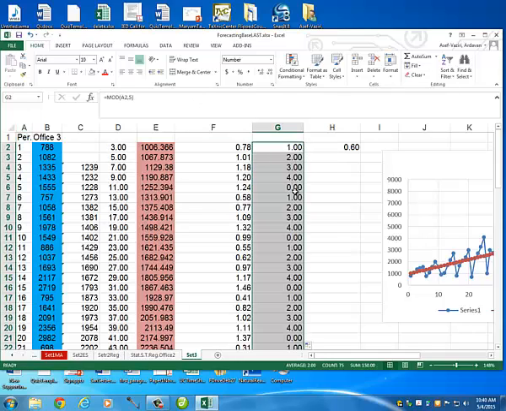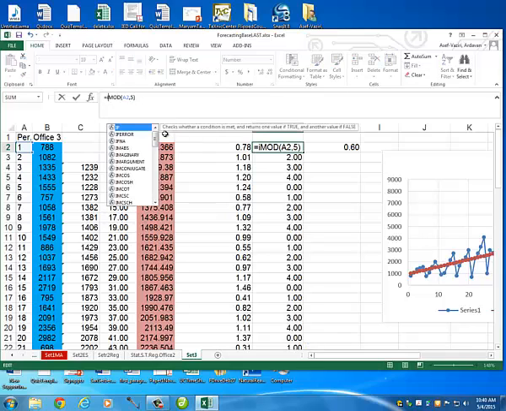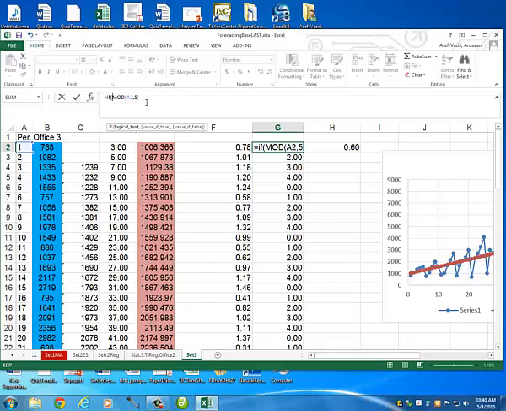So 1, 2, 3, 4, 5, 0, and so on. Suppose I don't like that 0. I will say if this modulus is not equal to 0, type the modulus itself.